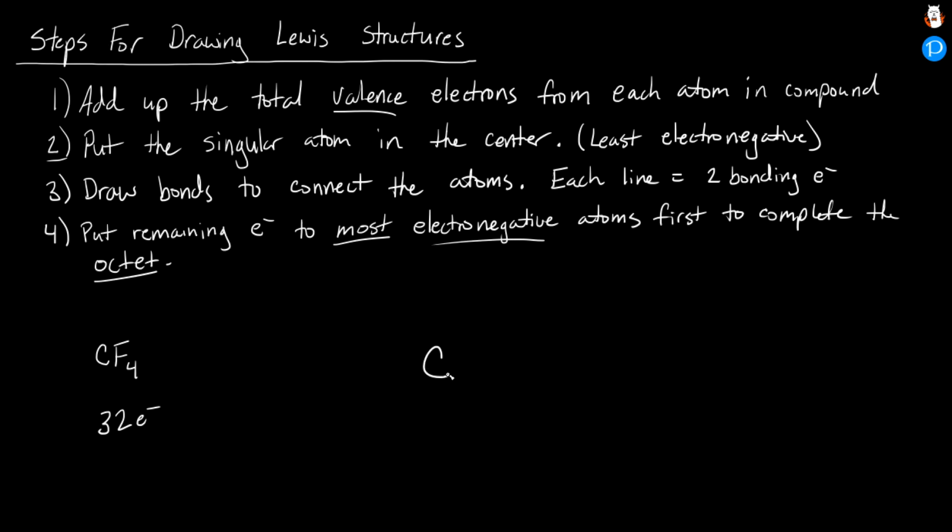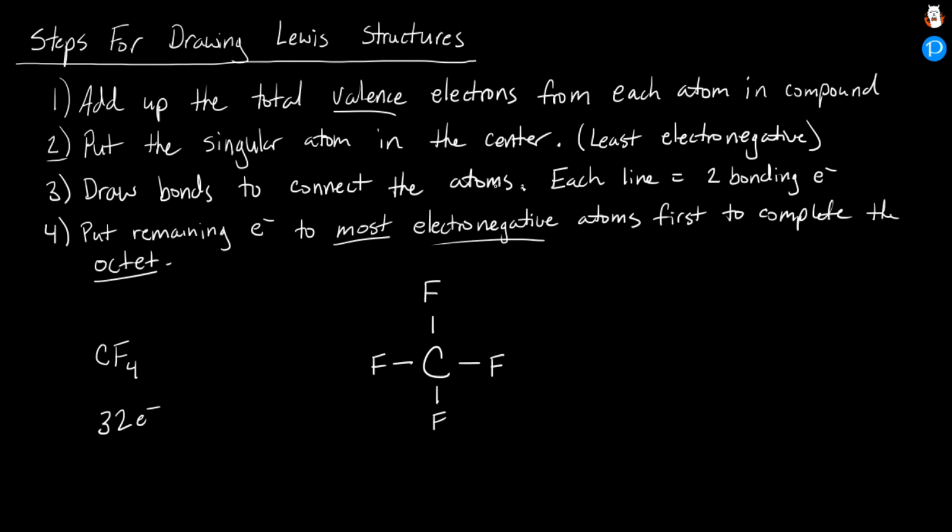So I'm going to put carbon like this, and then I'm just going to draw bonds to connect the 4 fluorine atoms. So I'm going to go 1, 2, 3, 4. I'm going to put an F at the end of each one, and that gets me through step 3, right?